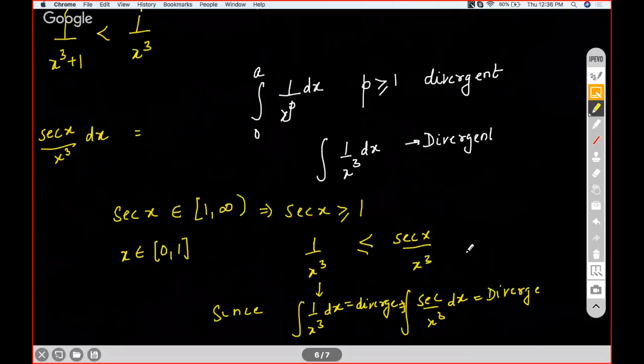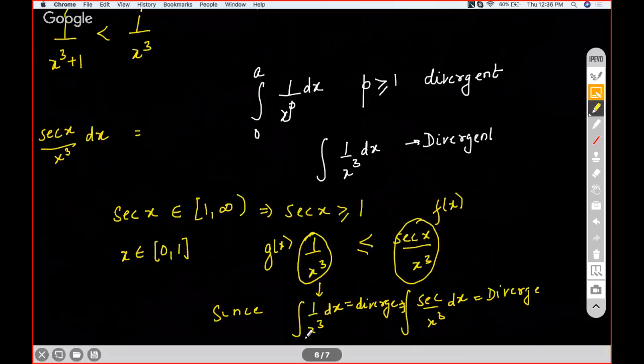Understood? I don't get why you are comparing 1 upon x cube and sec x by x cube. That is the comparison test. So this is your g of x and this is your f of x.